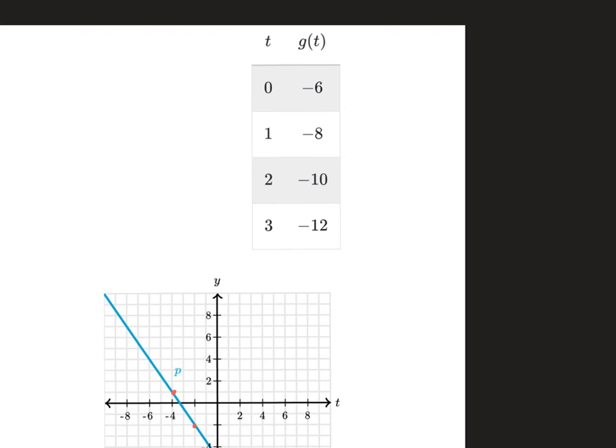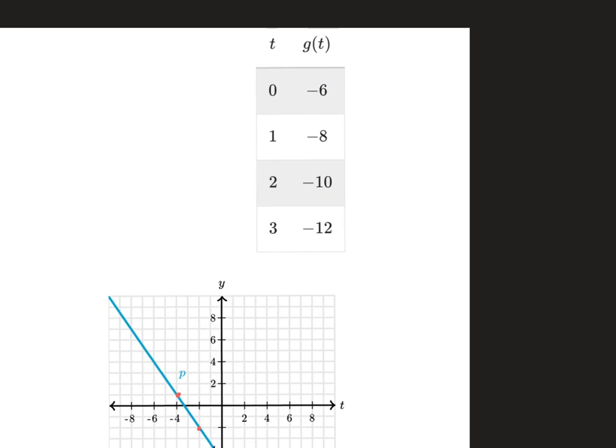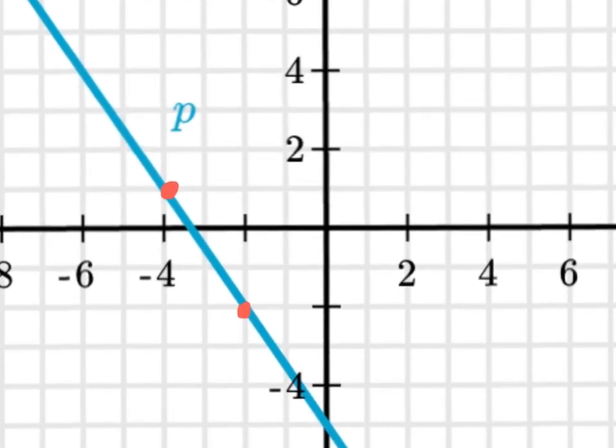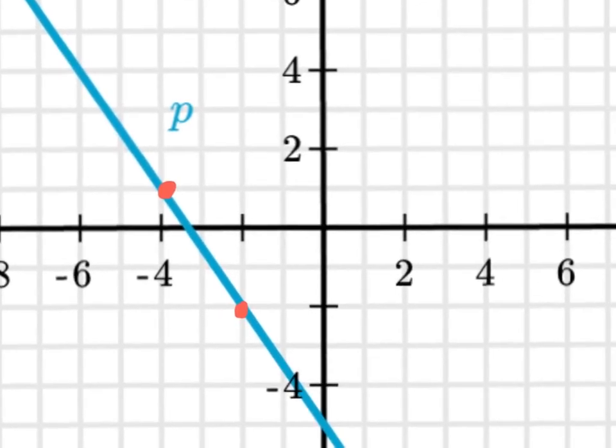In this table, the t will always be the x. How far we move over on the x represents our run.